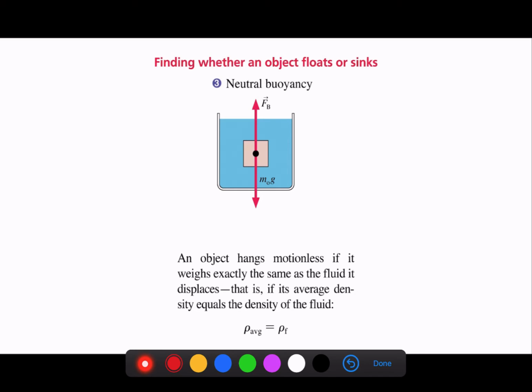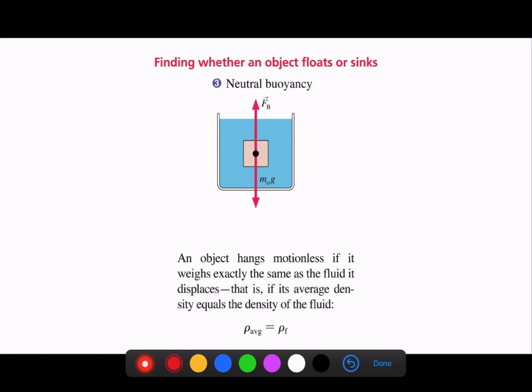So scuba divers, for example, when they're underwater at a specific depth, can go through and change the amount of air in their vests to change their average density. And they want to try and get that density equal to that of the water so that they float motionless inside the water.